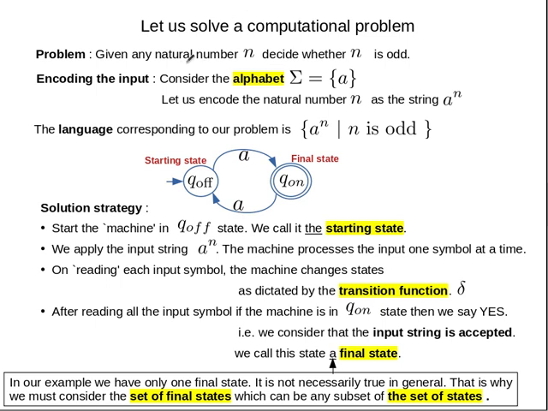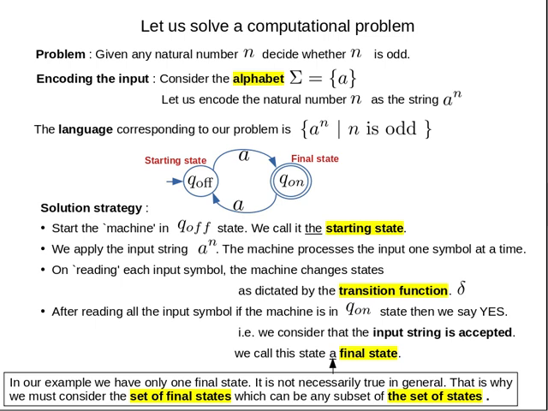So this is our computational problem. It's a decision problem. Right now, forget about the machine for the time being. Given a problem, we said that we need to encode the inputs, and then there will be a corresponding language which captures this problem.